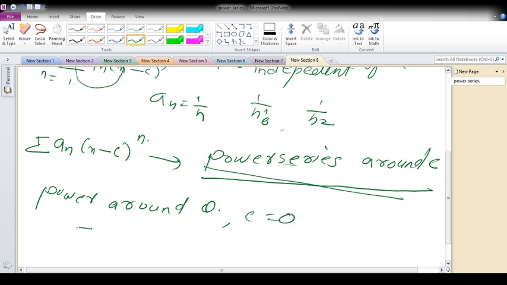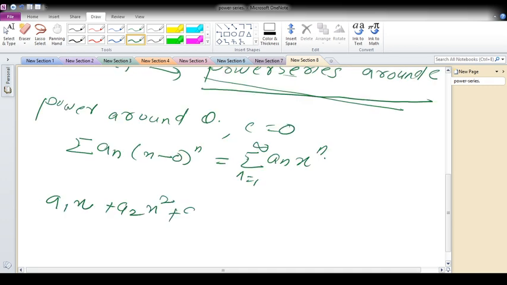So we can write such a power series as summation a_n (x minus 0) power n, that is summation a_n x power n, n equal to 1 to infinity. So a1 x plus a2 x square, a3 x cube, etc. So this is the infinite series. This is the power series around 0.